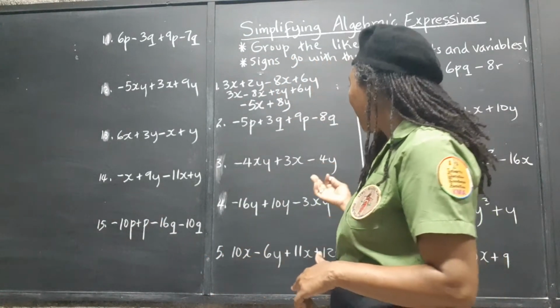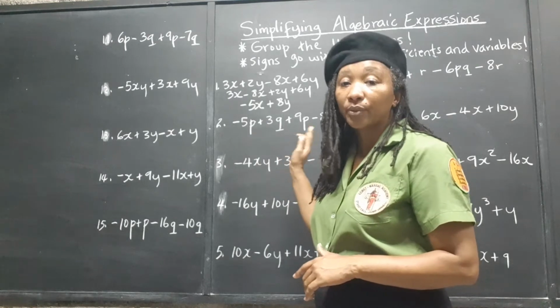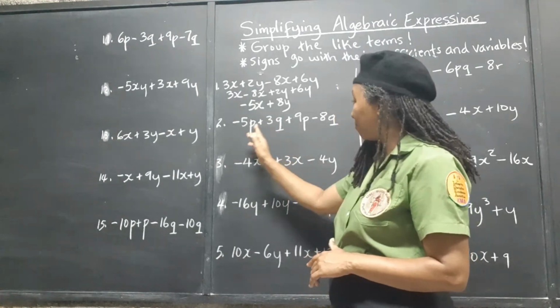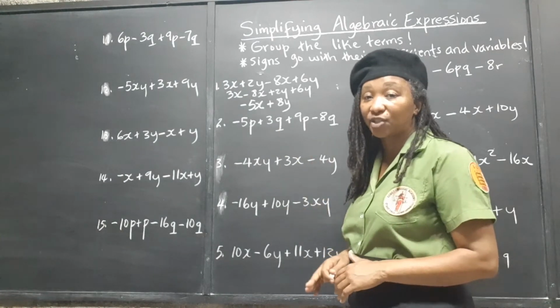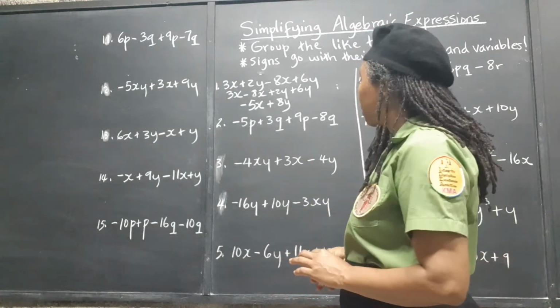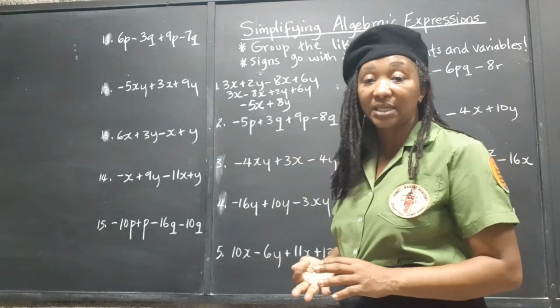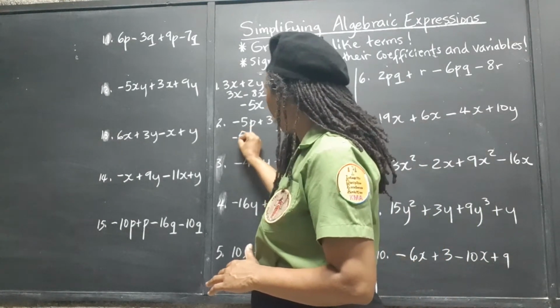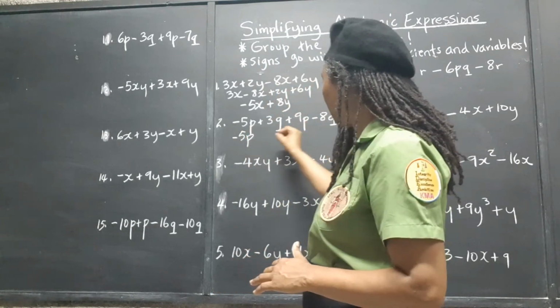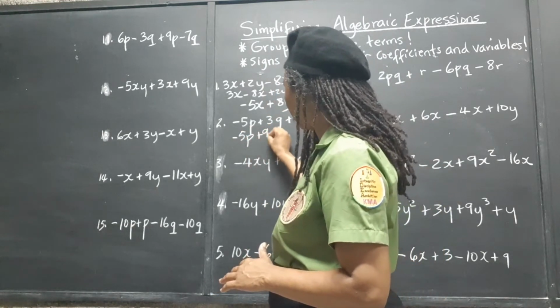So we're combining here. We have two different terms here. We have P's and we have Q's. Again, no constant term, no whole number. So we're going to combine the P's, combine the Q's. So we have a negative 5P, and we're going to put the plus 9P with that.